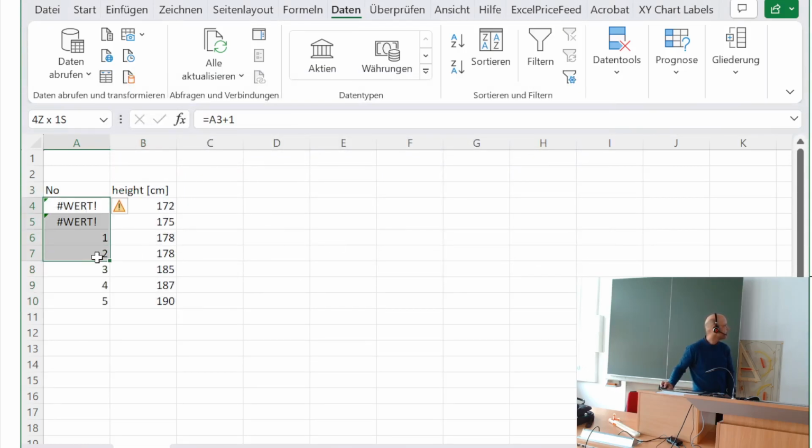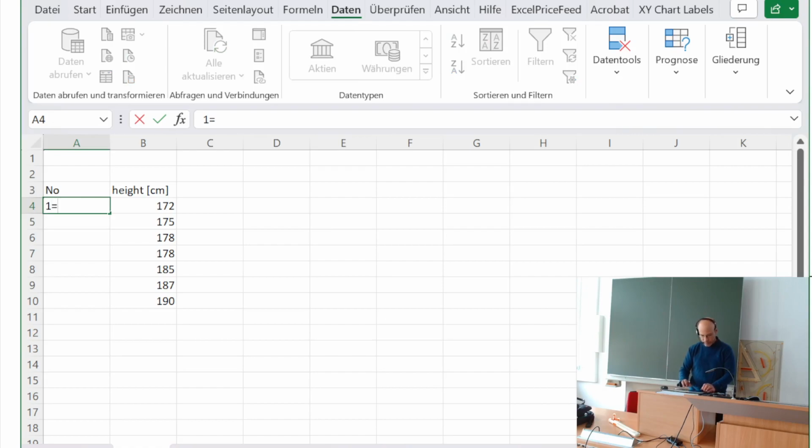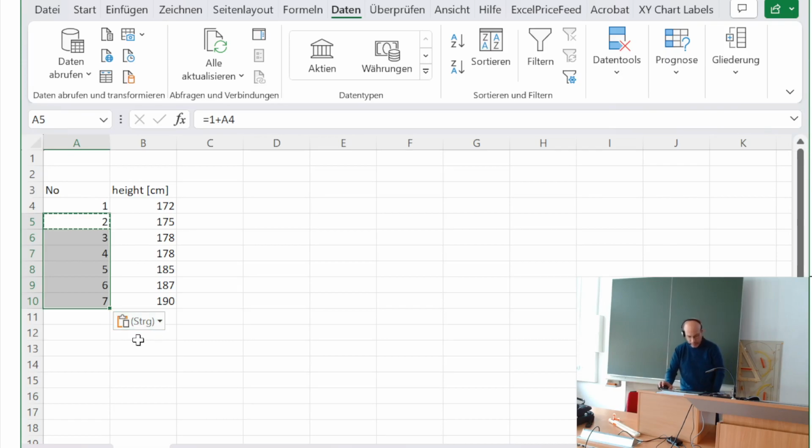These numbers, because there I had a formula, now changed, but that is not that important. Or it is important because we have to know how many we have. Equals 1 plus this one.